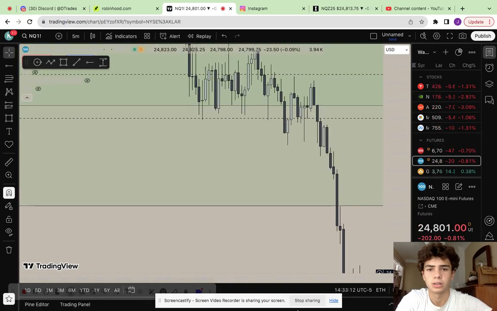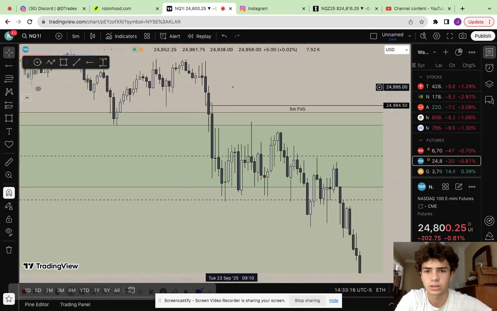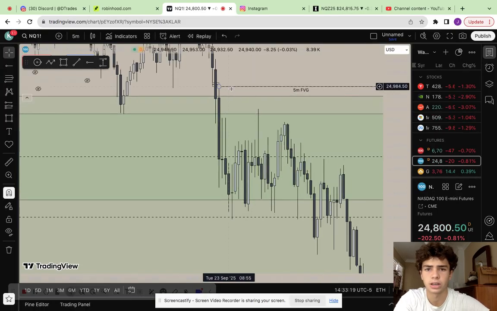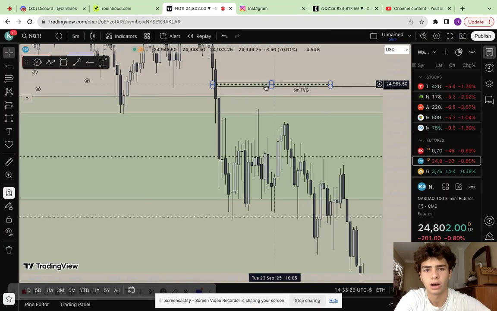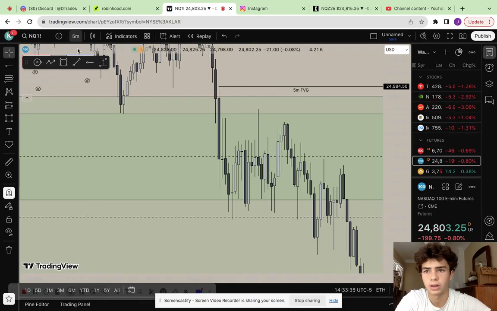Doesn't matter the size, still a draw for price to head towards. So I just had the bottom of this 5-minute fair value gap marked out, but it is right here. So there's our 5-minute fair value gap, another draw for us to target, and then scaling down to the 1-minute.